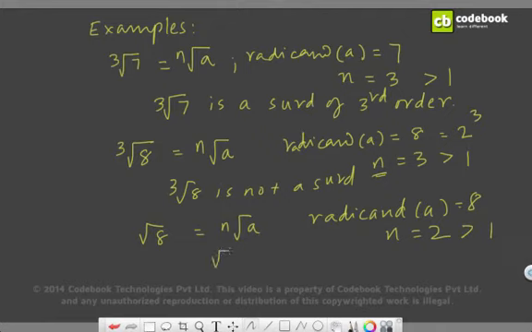So, square root of 8 is a surd of second order. So, nth root of a is a surd if n is a positive integer greater than 1, a is a positive rational number, and a cannot be expressed as the nth power of another rational number.